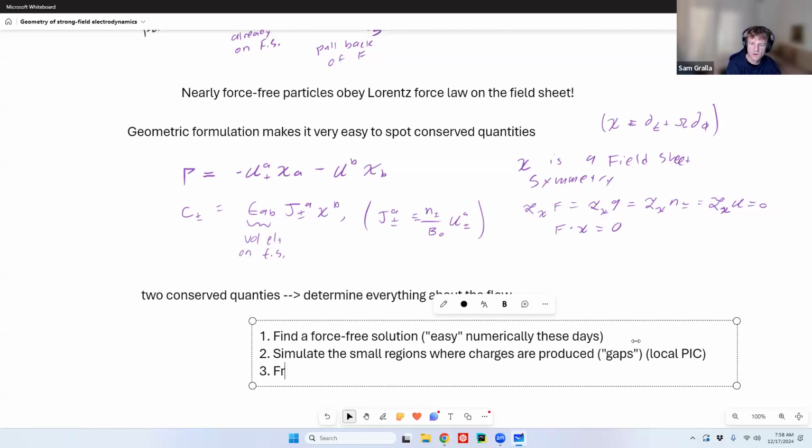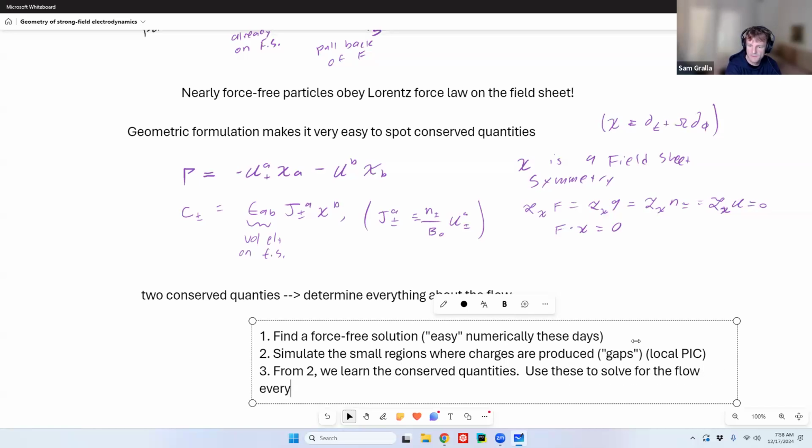And then from 2, we learn about the conserved quantities. And we use these to solve for the flow everywhere.